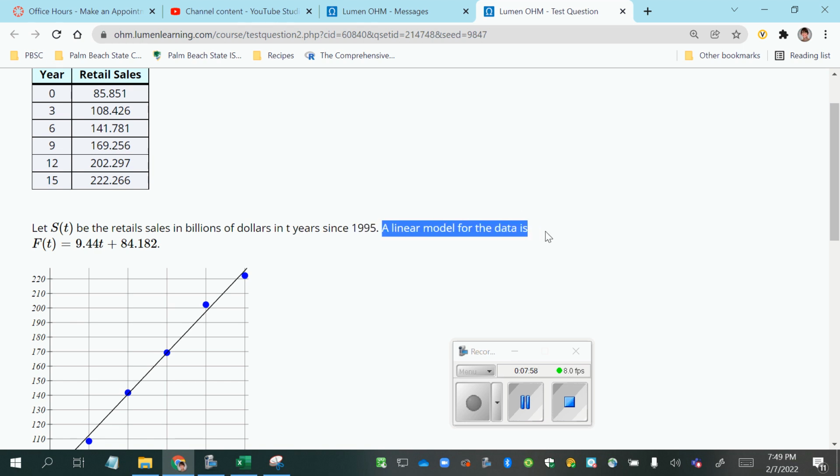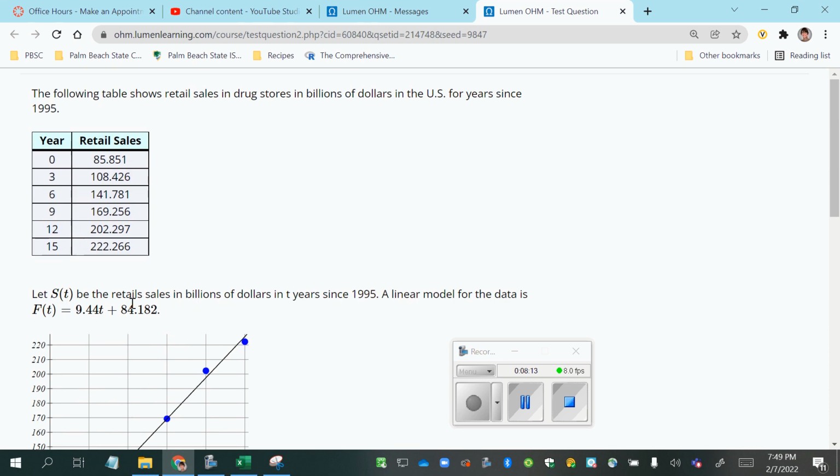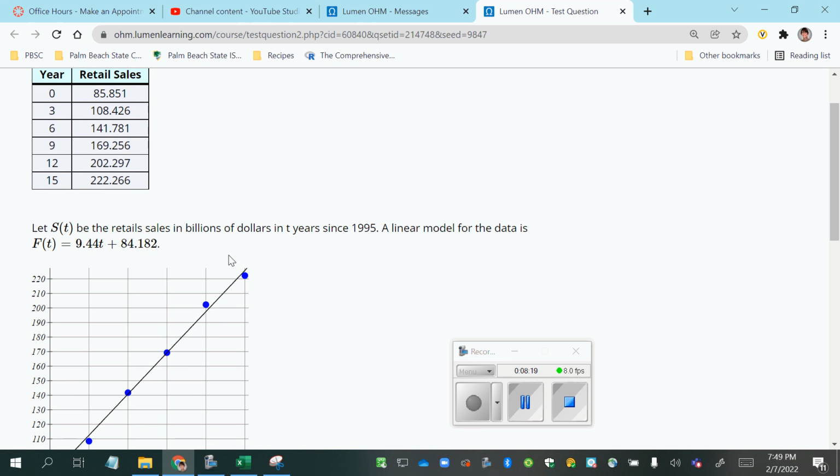And a linear model for the data is F of T. So S of T would be the real function if one exists. But F of T is going to be used to model the data that we have here. And so when linear regression was run on this set of ordered pairs, this is the best line of best fit, the least squares regression line that was created by whatever software was used to do that.